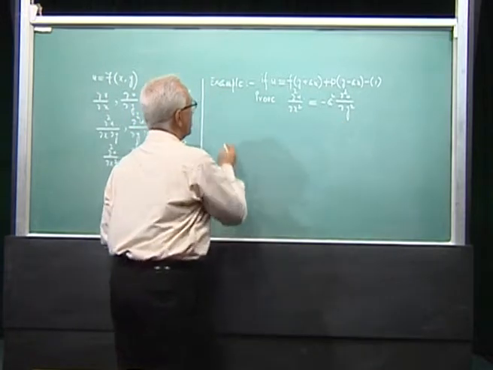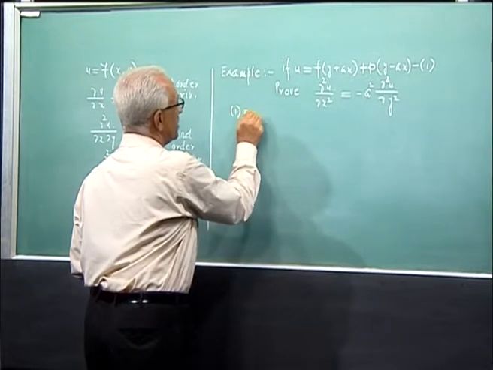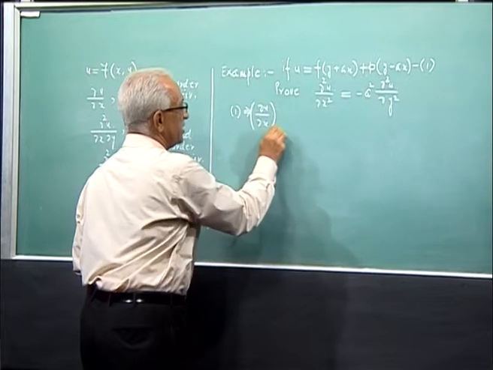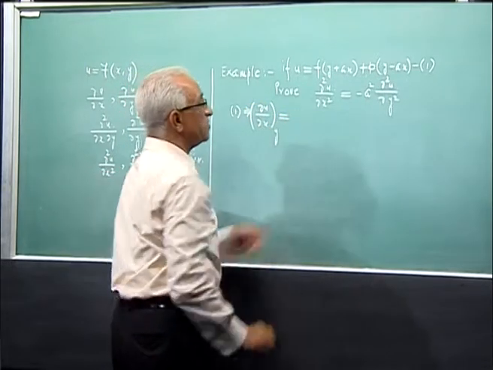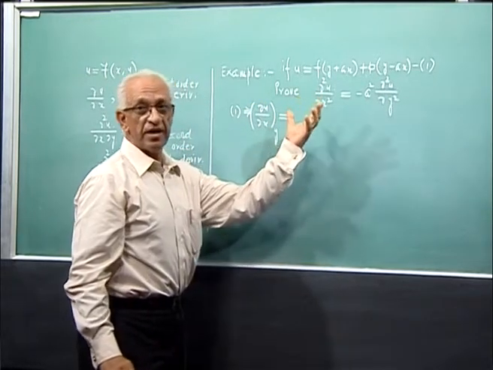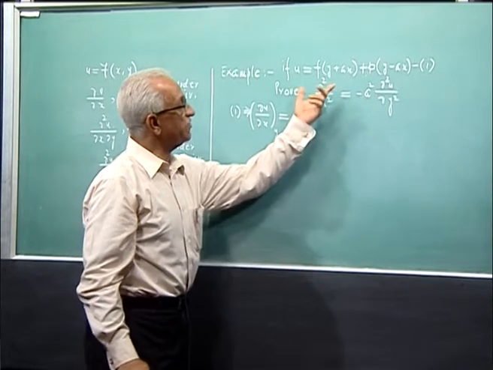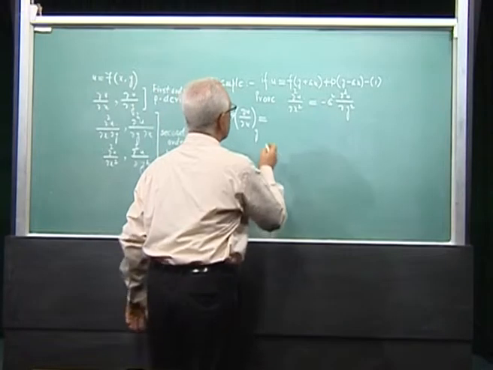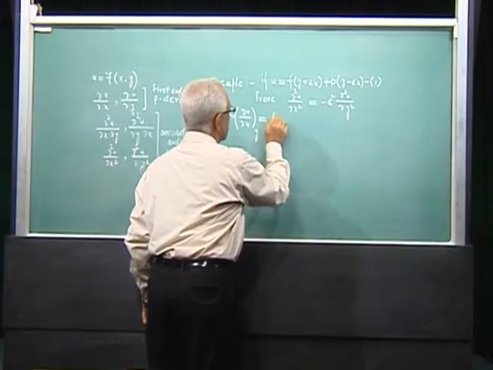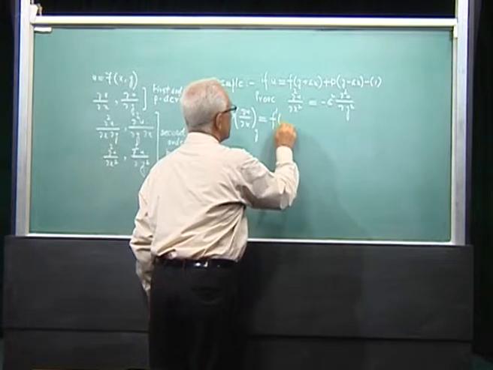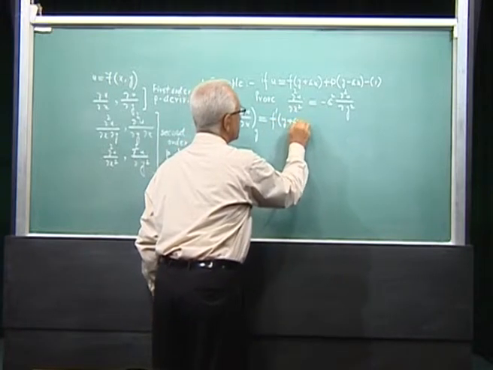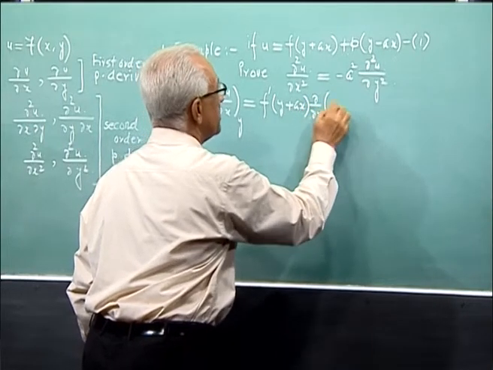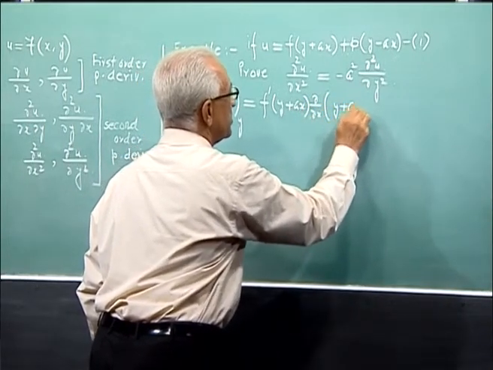We proceed from 1. So equation 1 implies partial du dx keeping y constant. Remember, we are dealing with a theoretical function, not a function like log x or x square or y square. So this is written as f dash of y plus ax, and then I will be differentiating with respect to x the variable that is y plus ax.